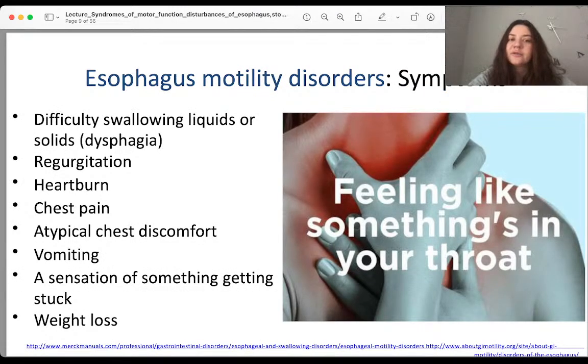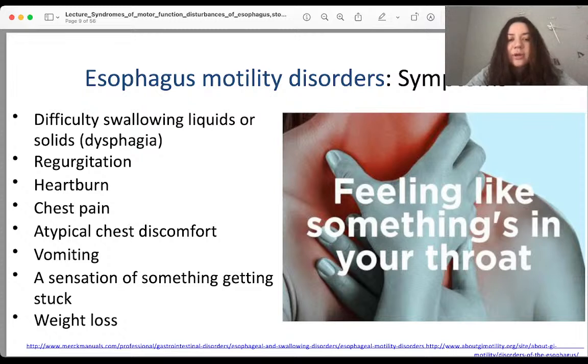Symptoms of esophageal motility disorders. It is difficult to swallow liquids or solids. You remember it can be both variants of dysphagia. It can be regurgitation, a feeling of returning of some contents to the mouth. It is heartburn, a substernal feeling. It can be chest pain, even nearly like cardiac pain, nearly the same feeling.